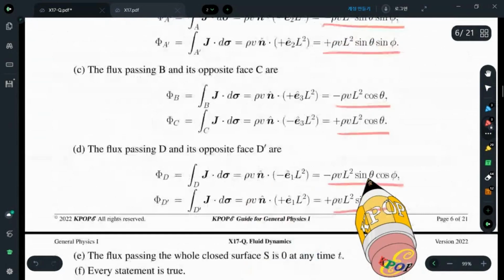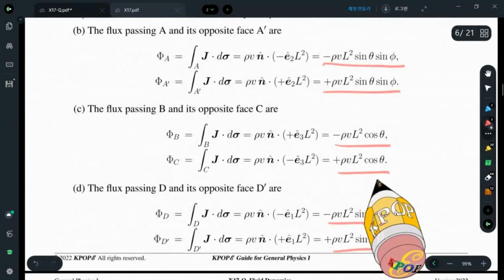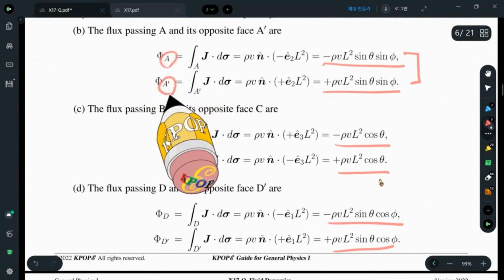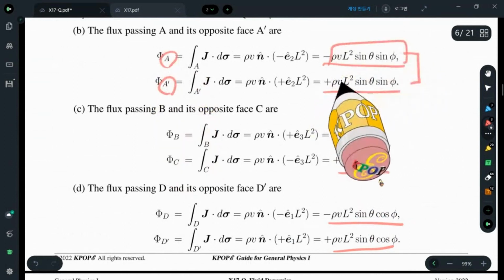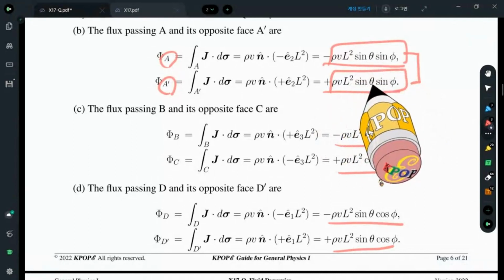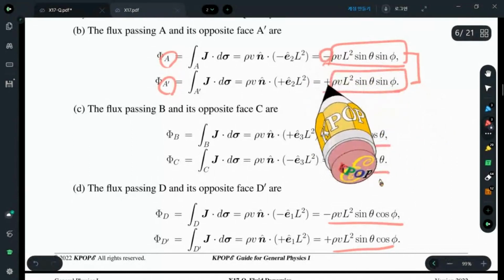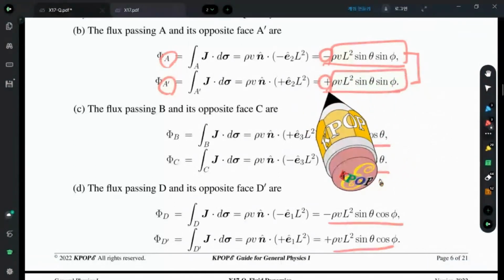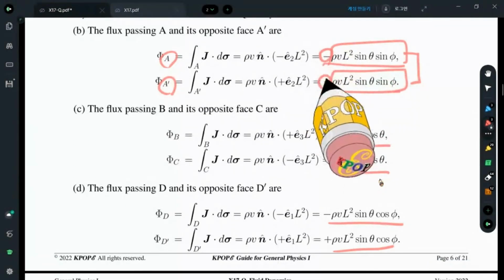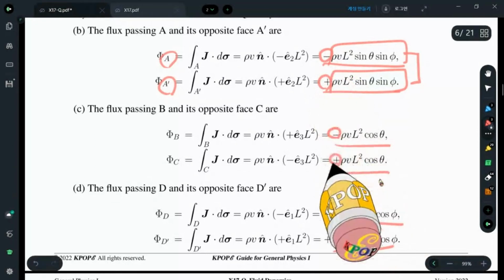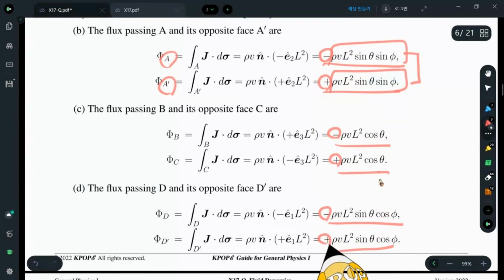In either way, it looks complicated, but you can always see the opposite side has a complicated structure, but they are of the same magnitude with the opposite direction. These two, opposite side, opposite side.